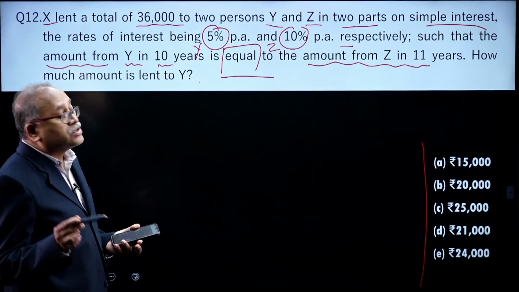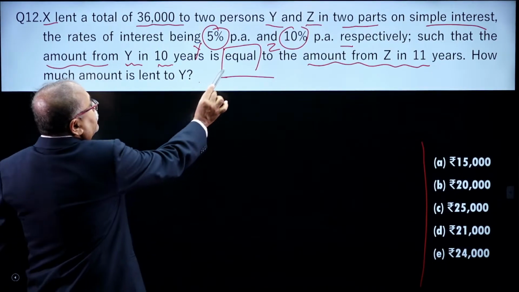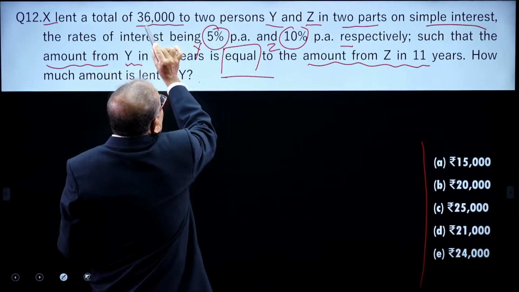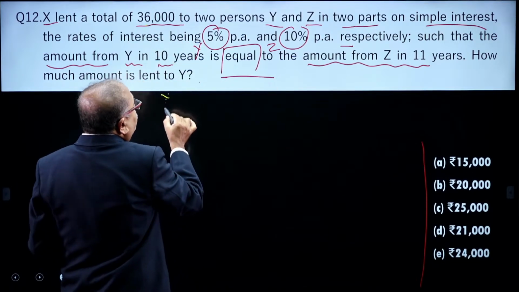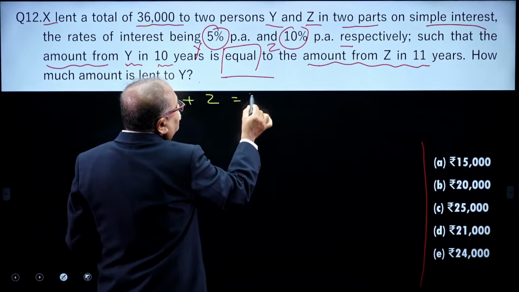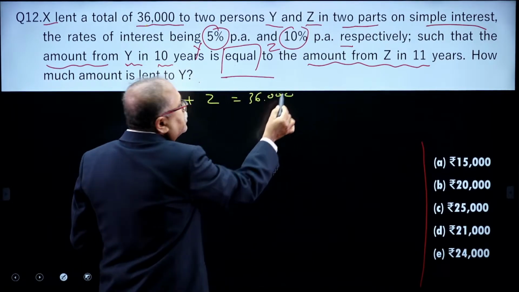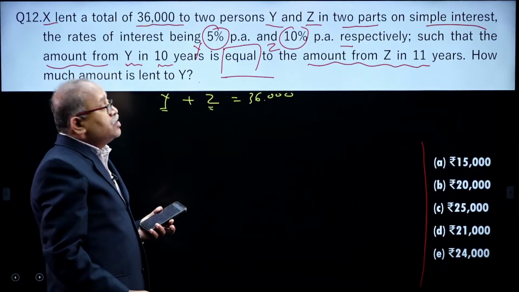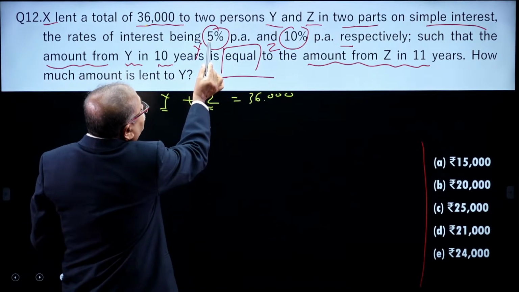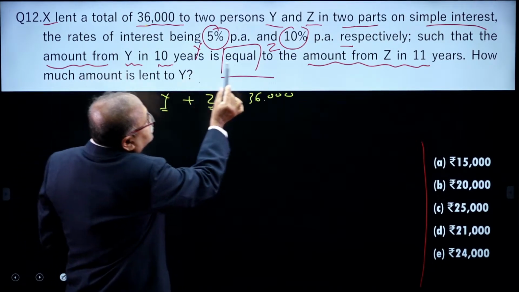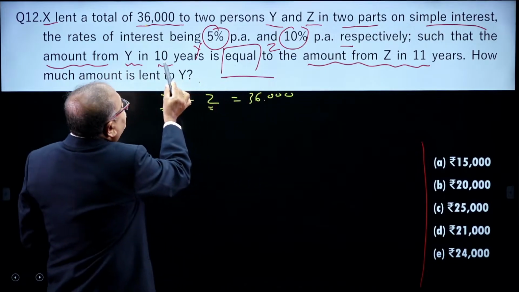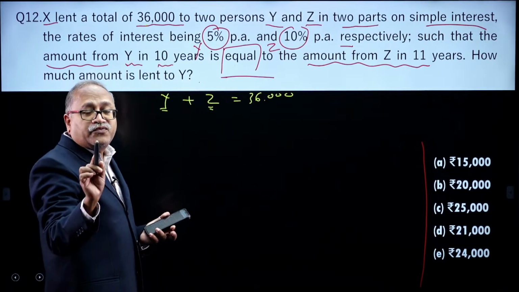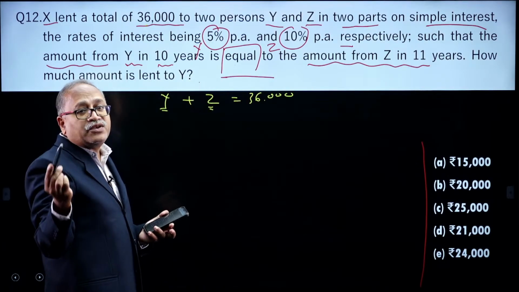Appal Naidu was looking at this equation. So, let us assume that out of 36,000, Y plus Z is equal to 36,000, no need of writing. So, the Y money is Y and the Z money is Z. So, here the 5% for how many years? The first one for 10 years. So, 5% for 1 year, then for 10 years 5 into 10, 50%.